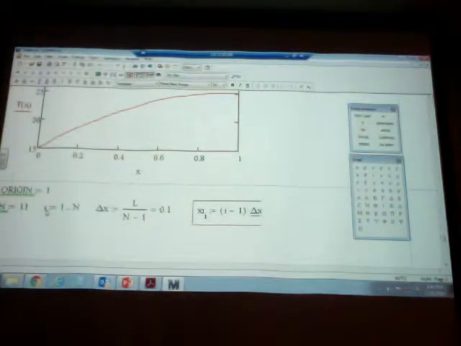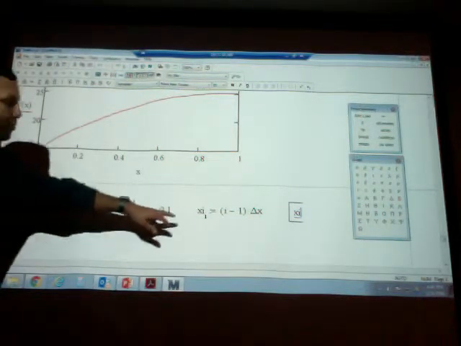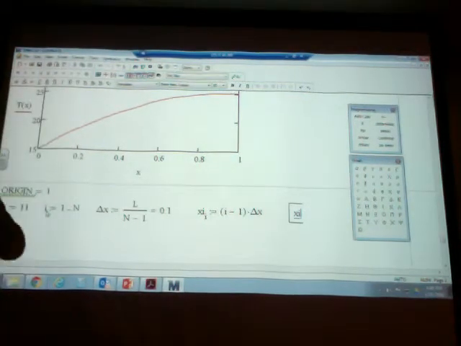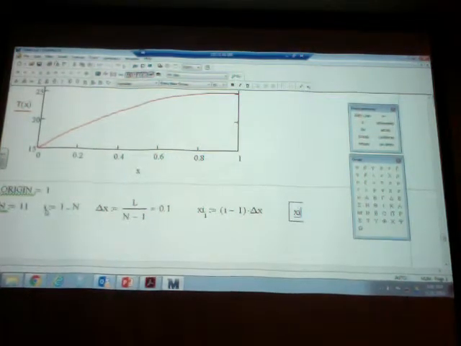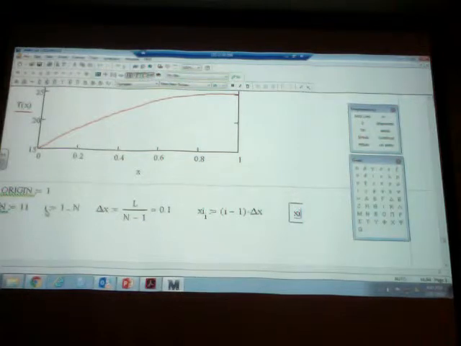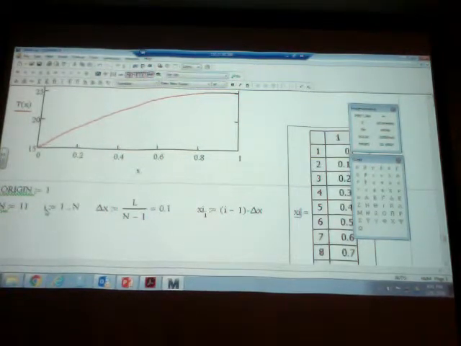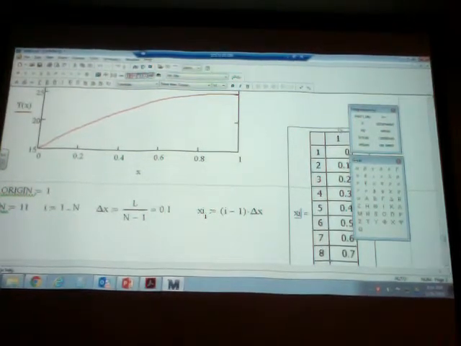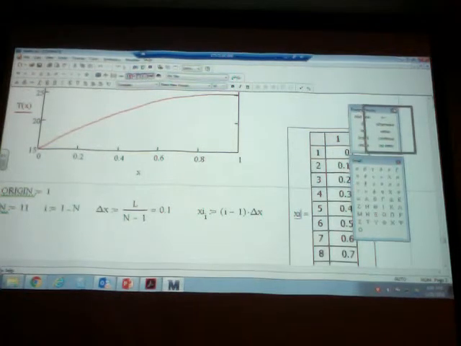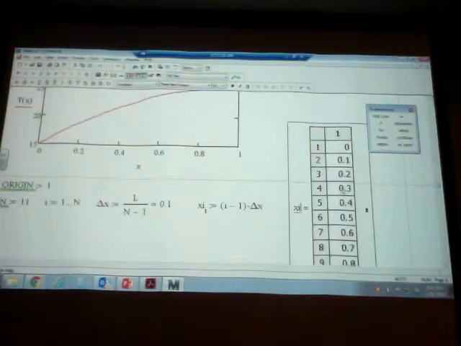So if I display xi, I don't have to specify the range or the index. I can call this whatever I want. I can even call it x, but then that will supersede this one and I need the two of them. But if I want to display xi, I say xi regular equal, and you see what happens. It gives me 0, 0.1, 0.2, 0.3, 0.4, and so on and so forth. Let me move this a little bit here. So that's officially an array.